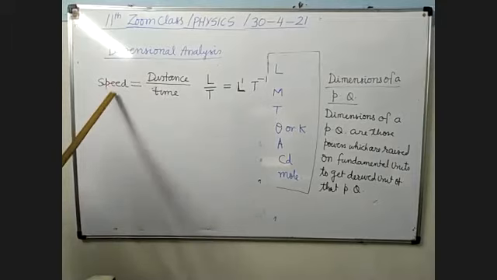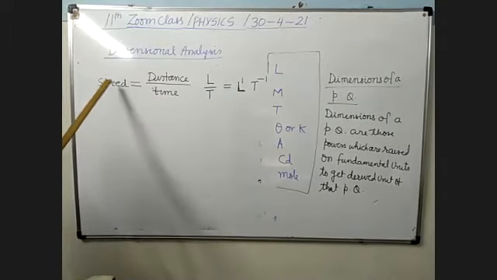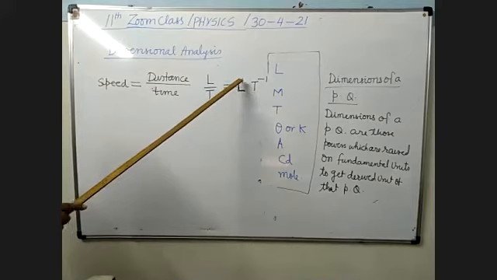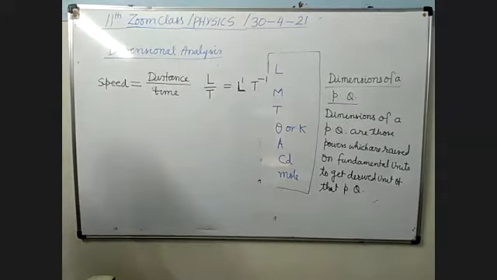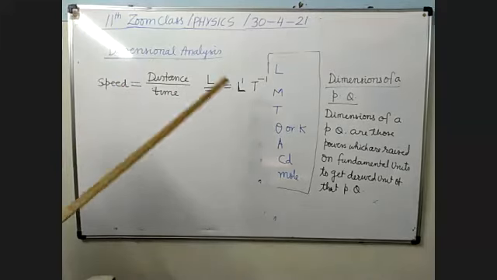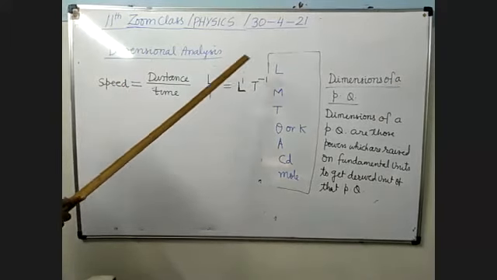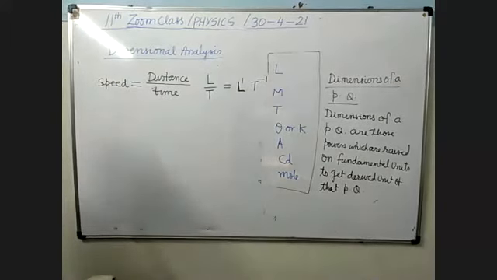So see here, what is the dimension of speed? Its dimension is 1 power on the unit of length and minus 1 power on the unit of time.